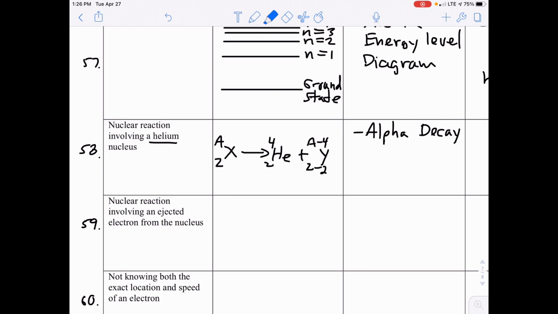Meaning this plus this needs to add up to this, that would be conservation of mass, and this plus this needs to add up to this, that's conservation of electric charge.